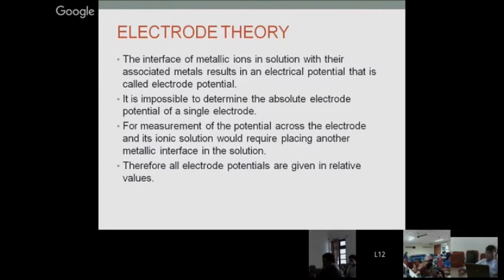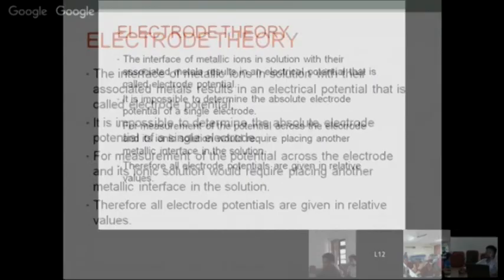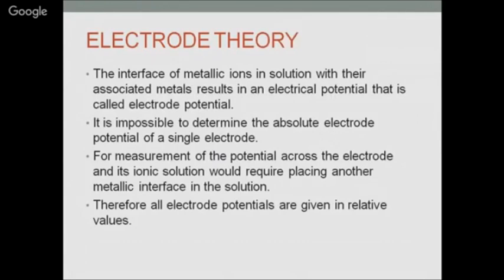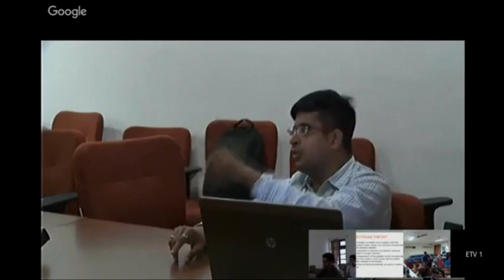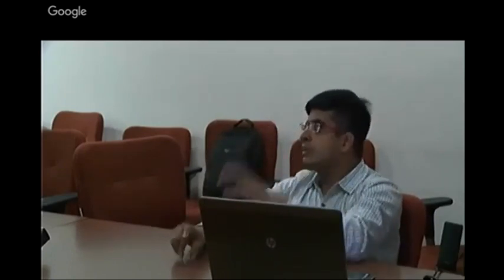Now there is one topic I have reserved. It is impossible to determine the absolute electrode potential. What is absolute? Absolute means a single electrode you have put, and that potential you cannot determine, because it's totally impossible. You cannot judge whether it is some millivolt, 0.2 millivolt, 0.3 millivolt, or 0 volt.